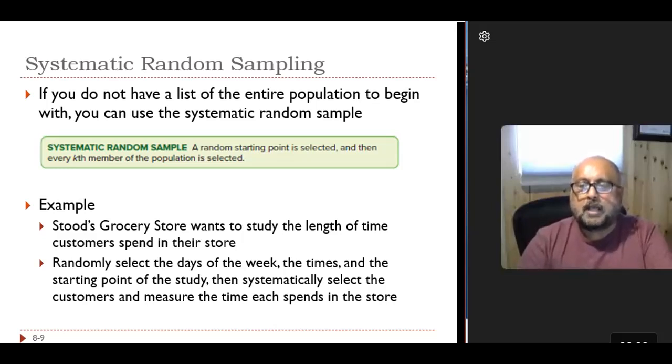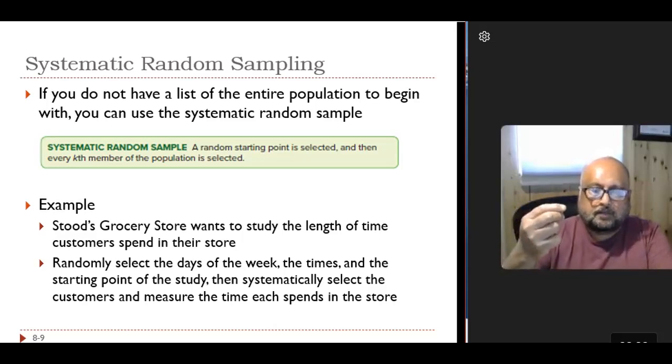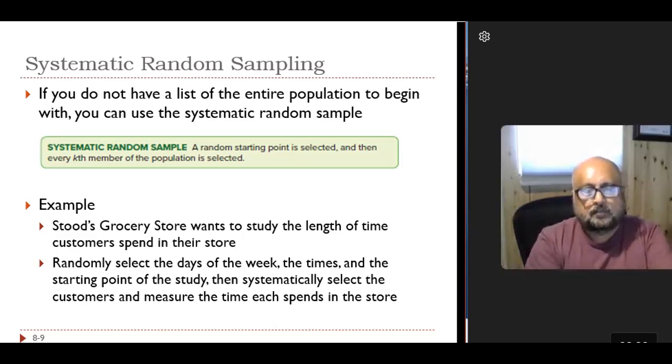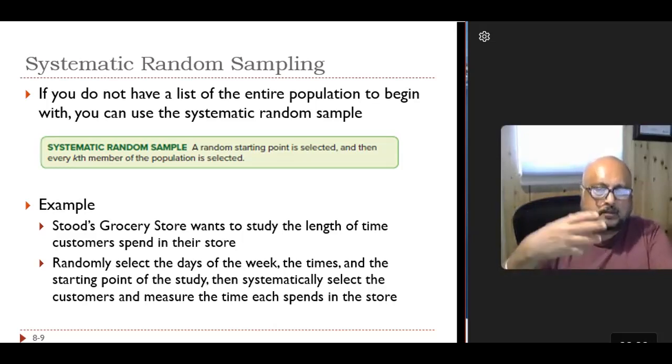So then you can start. Just guess, let's say, for example, you select the 5th customer who comes into the store as a starting point. After that, you can select every 10th customer.